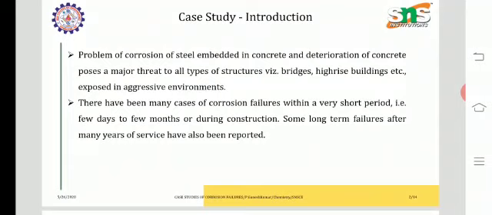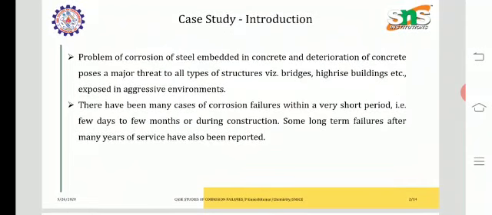So this corrosion obviously affects materials, particularly civil structures. The problem of corrosion of steel embedded in concrete and deterioration of the concrete poses a major threat.